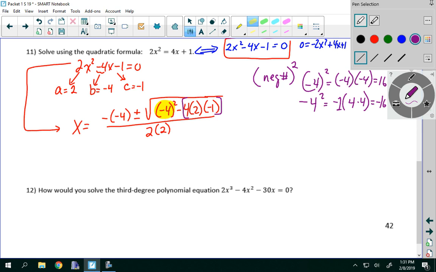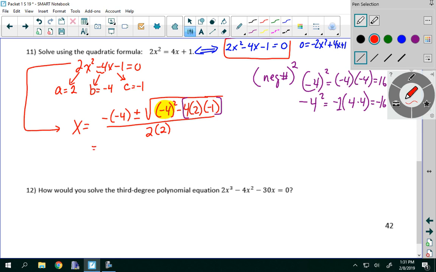Some people like to put a negative 1 there. So it's very important if b is a negative number that you put that in parentheses. Because if you were to write here dash 4 squared, and then when you simplified it, you wrote 16, that would be incorrect. 16 is correct, but dash 4 squared does not equal 16. Okay, let's continue.